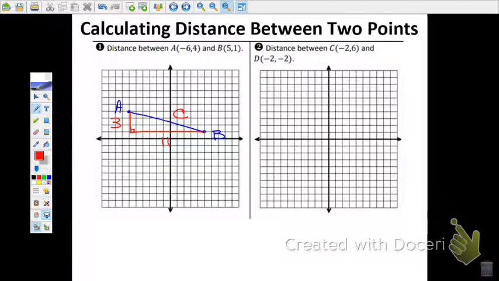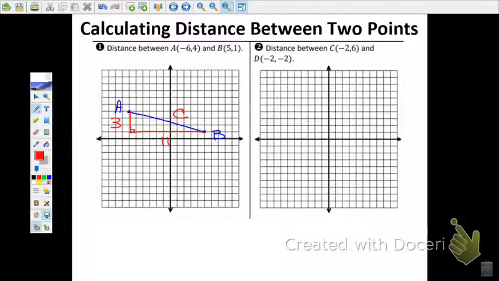I'm just being dumb. No, you're not. You're thinking because we're going down, it's negative. If we were calculating slope, then it matters. But when we're talking about length, the length is always positive. So it wasn't dumb at all.